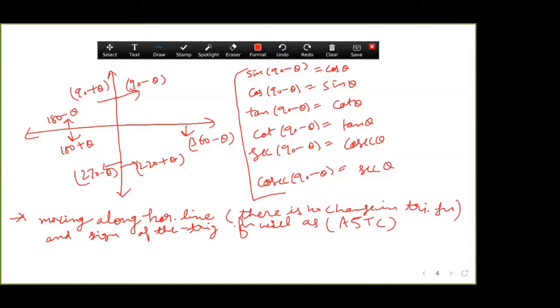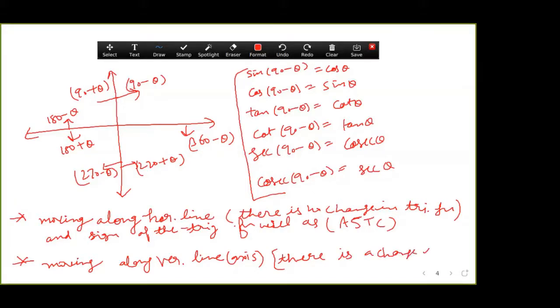If you are moving along the vertical line, the vertical axis, then there is a change in the trigonometric function, and the sign will be according to after school to college.